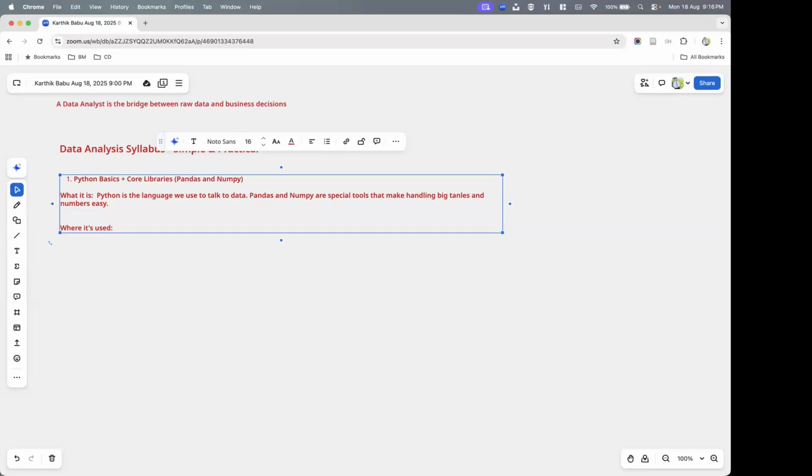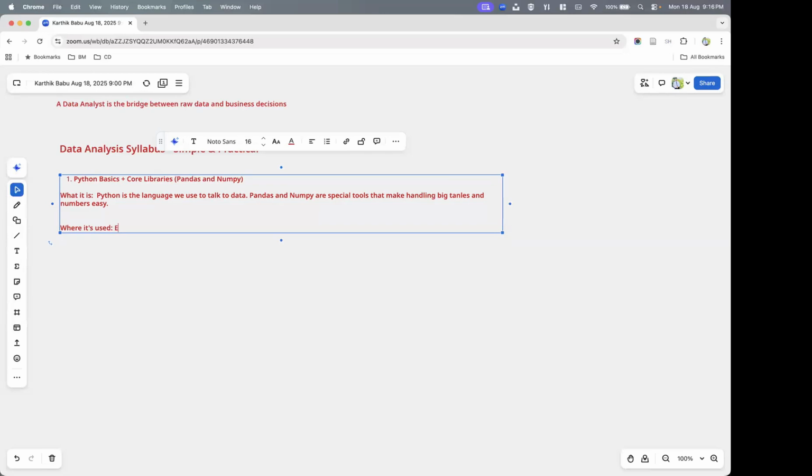All these companies predominantly work with huge data. So in order to work with this huge data, you need to use the Python language to clean the data, organize the data, and calculate the data.